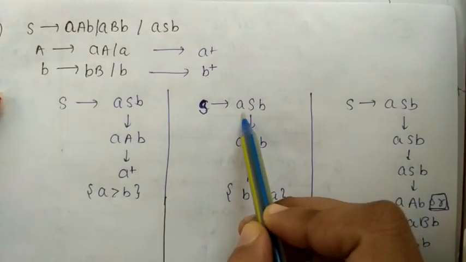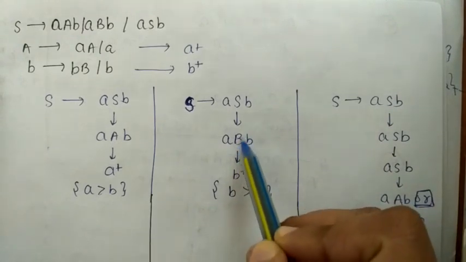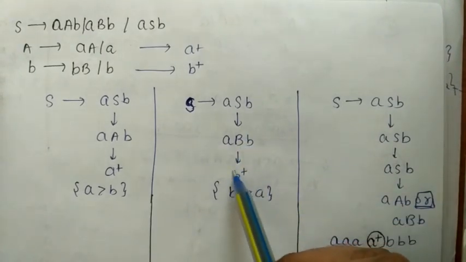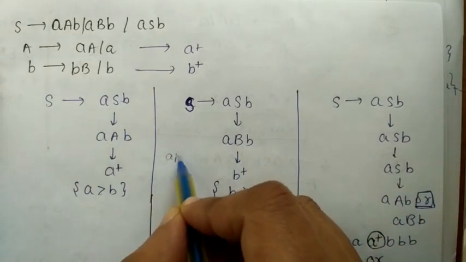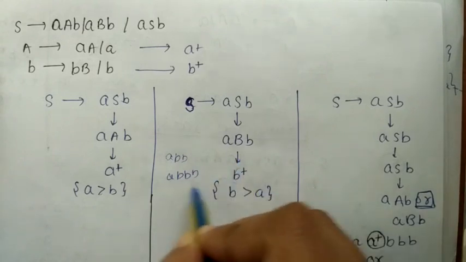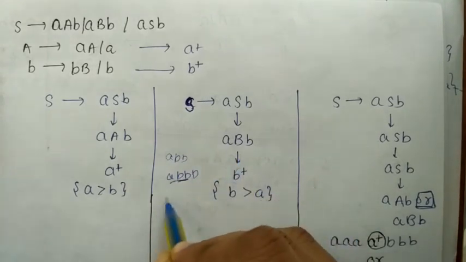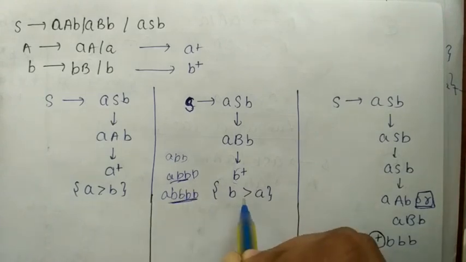Now if you replace this production by ABB, it can generate any number of B's. So you can write A then BB, A then BBB, because B plus can generate any number of B. You can write ABBBB, so B will always be greater than A.